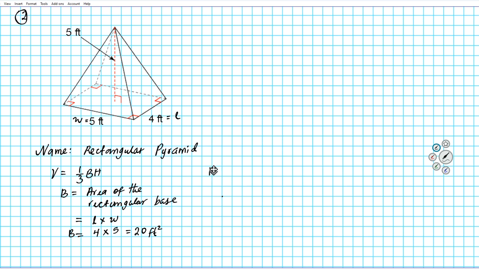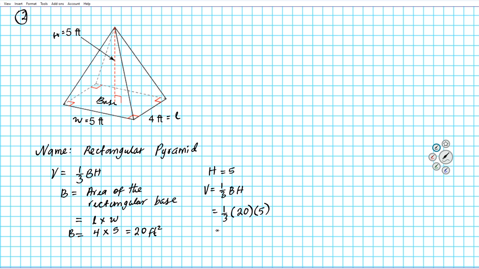Next, we need the perpendicular height from the base, all the way to the apex, and that's 5. So big H is 5. Now we can find the volume. The volume is going to be 1/3 big B times H. So it's 1/3 of big B, which is 20, that's what we found earlier, times 5.